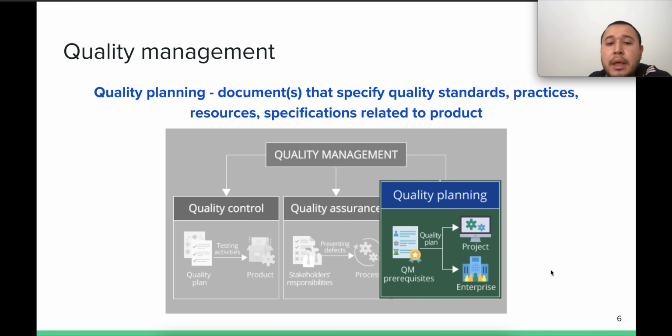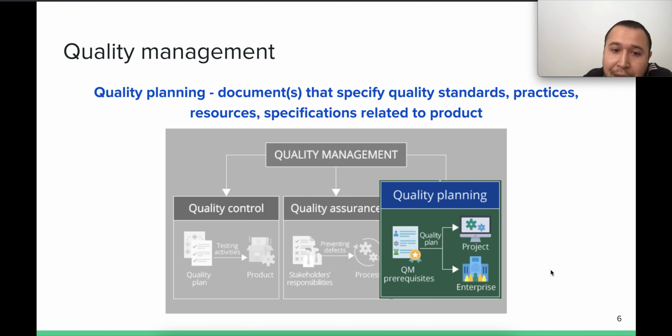How can we proceed with our quality management? We can define everything in quality planning. So you can guess that quality planning is a very, very important phase of quality management, right? Everything is defined in quality planning. So this is the quality planning that we are focusing on, trying to improve this process.